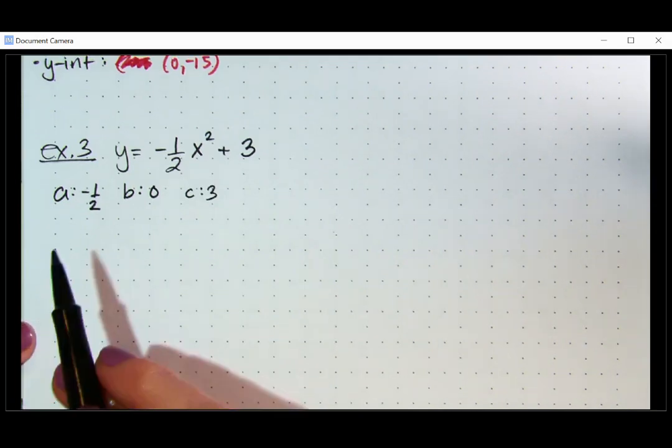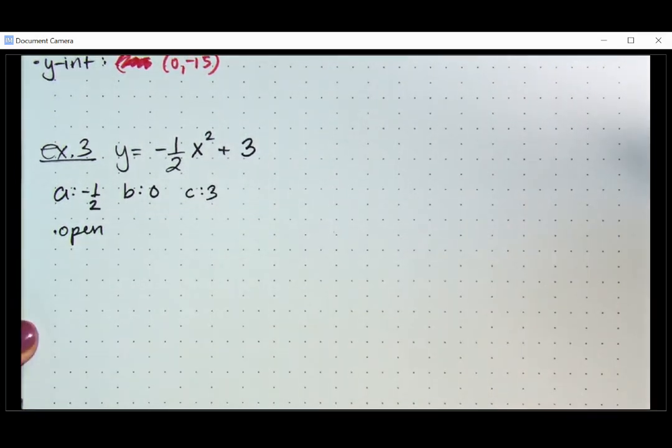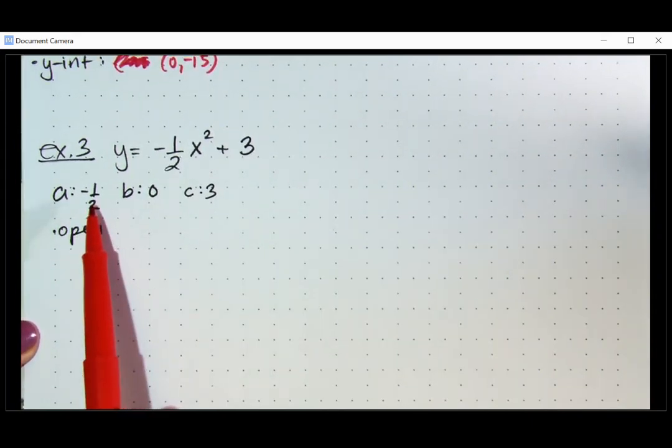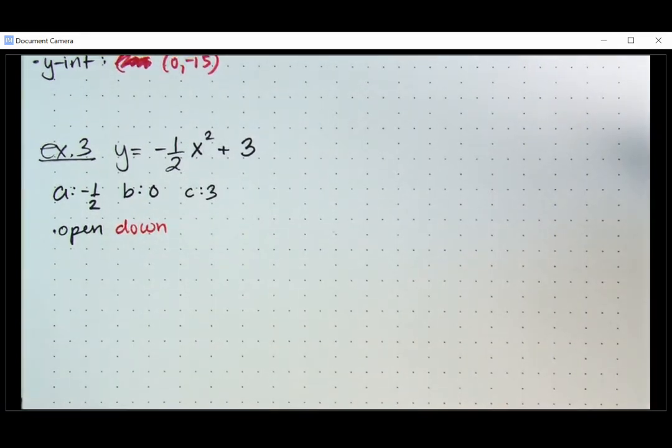Okay, so for opening, my a is less than 0. So it's going to open down, right?